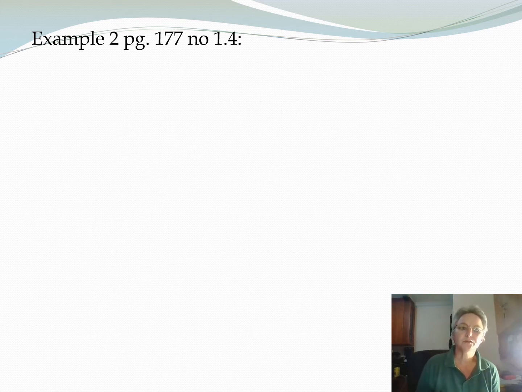As example 2 on page 177, I'm going to work through number 1.4. They say there, flask 1 contains an equilibrium mixture of nitrogen dioxide and dinitrogen tetraoxide, which is light brown in color. So it's a mixture of the brown gas, nitrogen dioxide, and the colorless gas, dinitrogen tetraoxide.